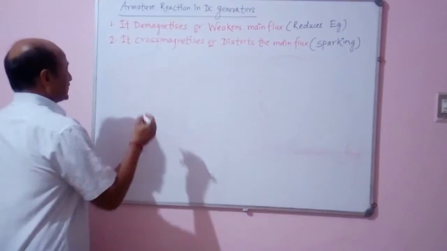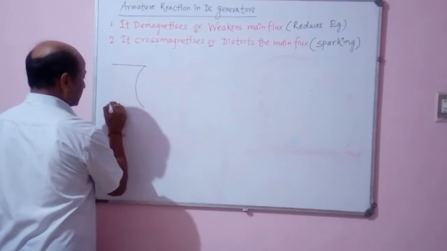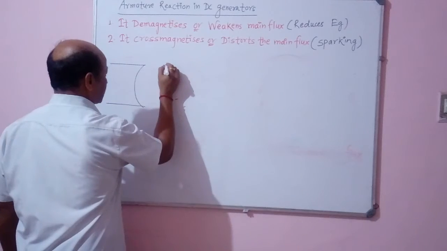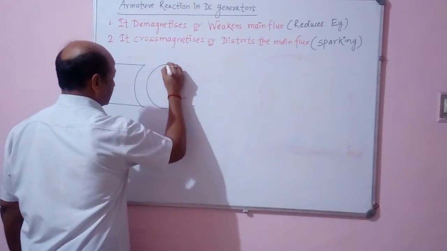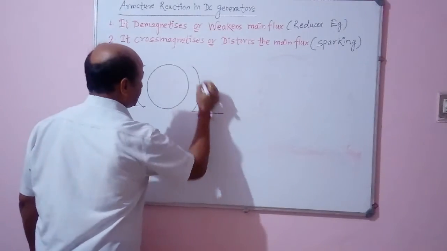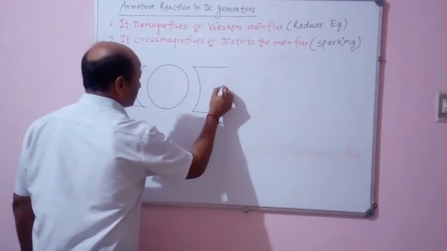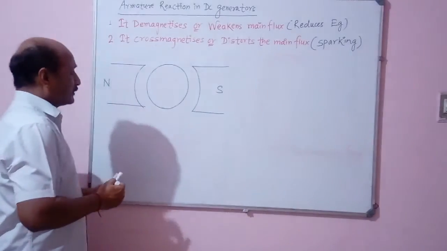So consider the two-pole generator. The generator has the armature, which is the rotating part, and N and S poles produced by the field system.